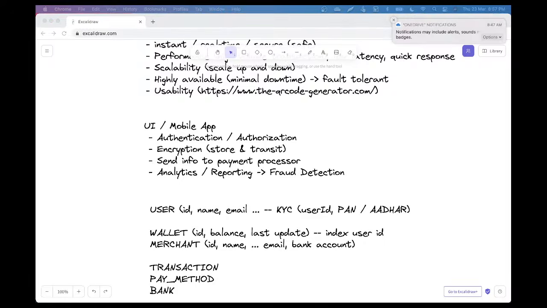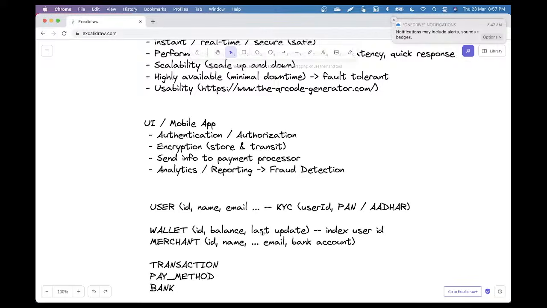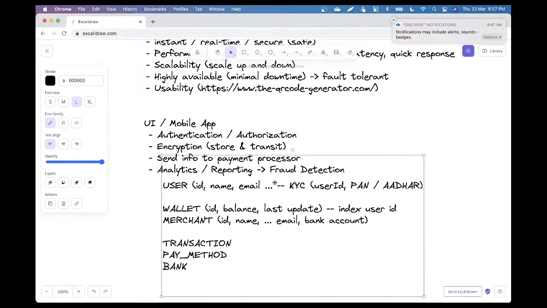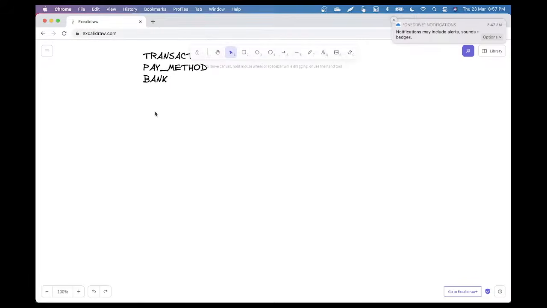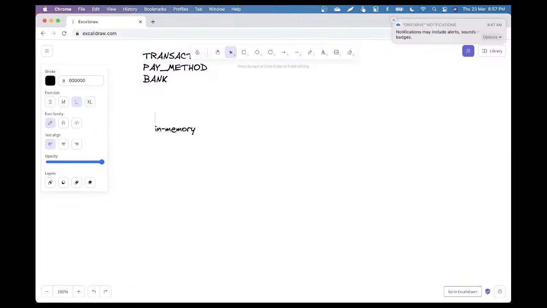Now let's discuss the next thing, which is the most important part, what kind of database to use, right? Because there are various choices here. Yes, go ahead. Yeah, so I would say, because it's a very simple database and there are going to be millions of customers, a relational database is enough.